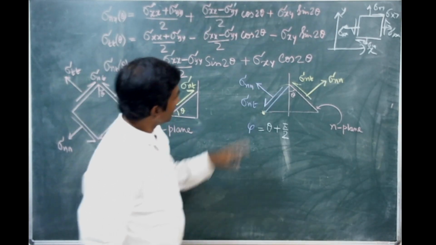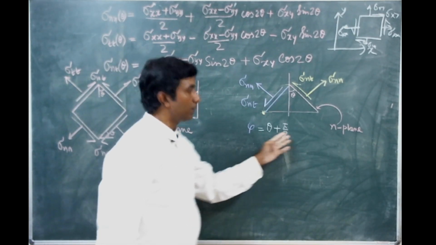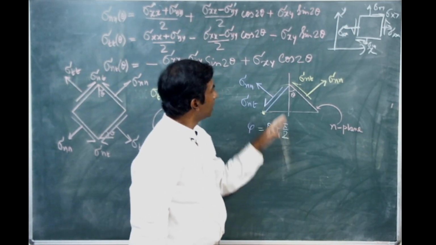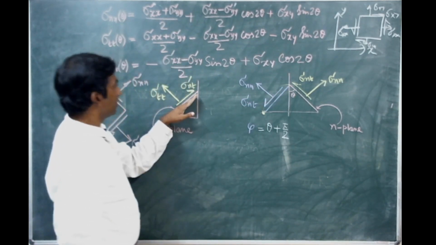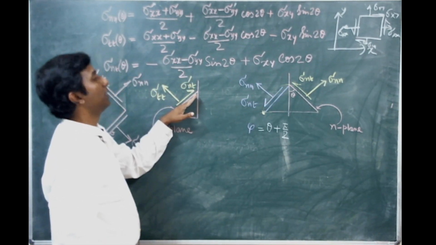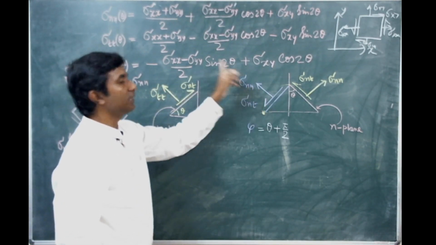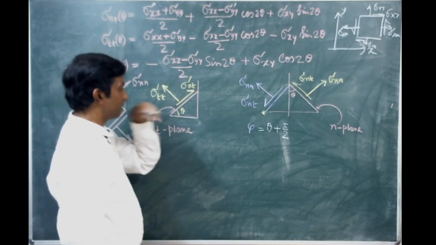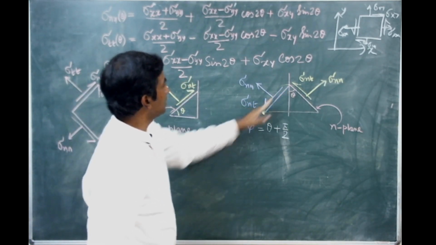Now you see sigma nn and sigma nt for an angle theta plus pi by 2, the orientation of the surface becomes coincident with the t plane. But you see the sigma tt and sigma nn, they are having the same direction. Sigma nt here you see the opposite sign.